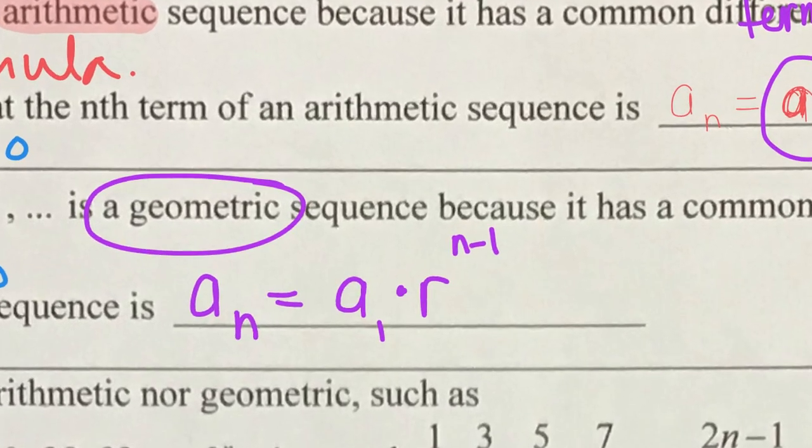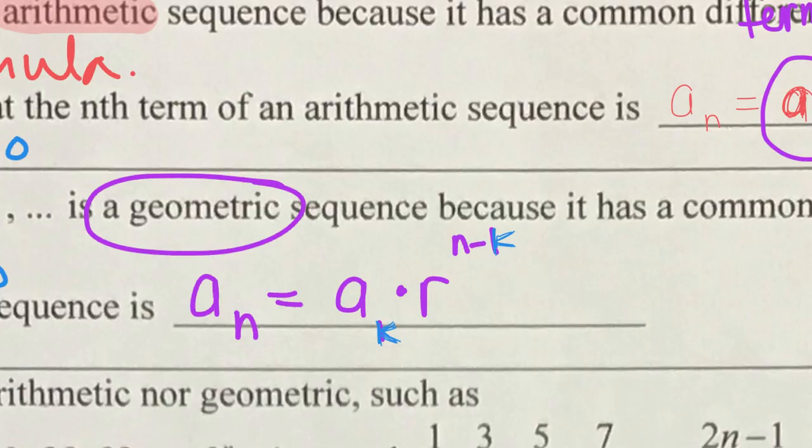That is if we know the first term. And if we don't know the first term, then these 1s turn into k's. Some other term. Maybe we know the fourth term. Then we have a sub k, r to the n minus k. Okay, but if we know the first term, that means k is 1.